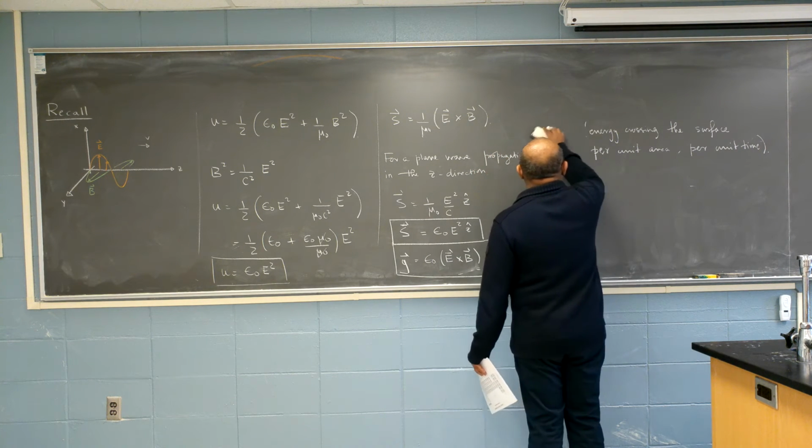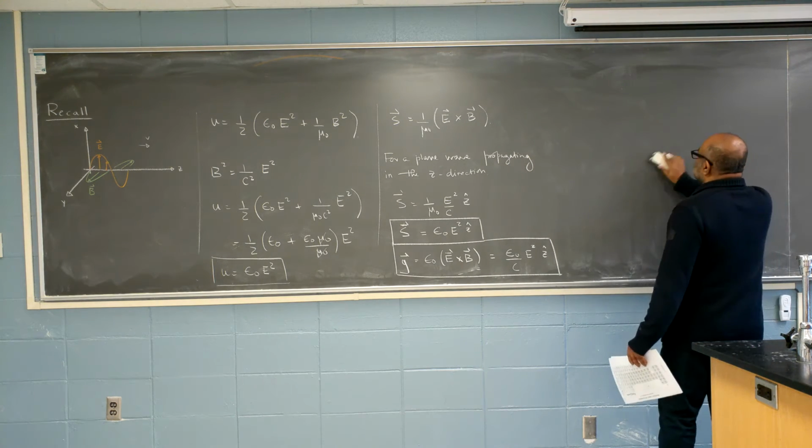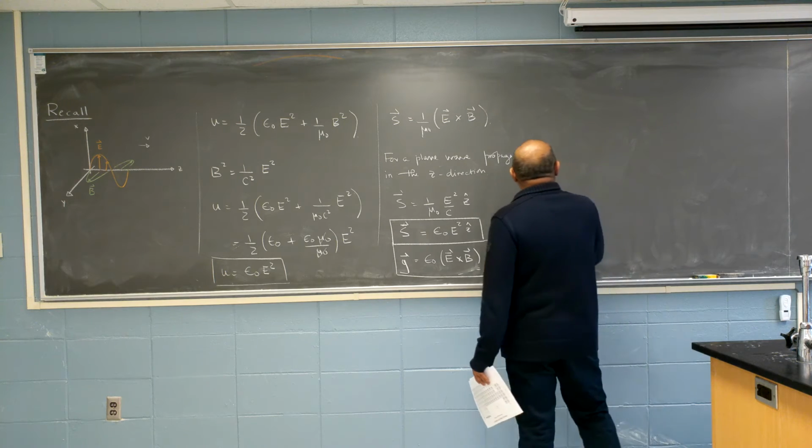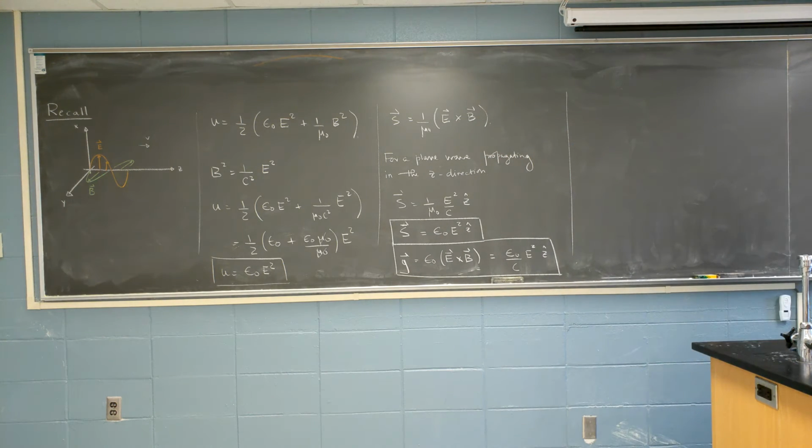Now, consider light. It oscillates pretty rapidly. I think Griffiths even gives an example. The period is 10 to the minus 15 seconds.